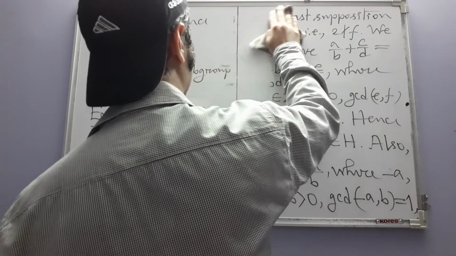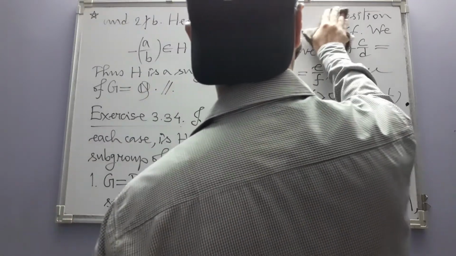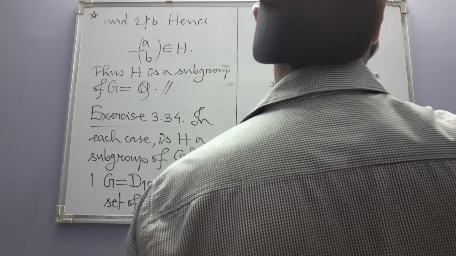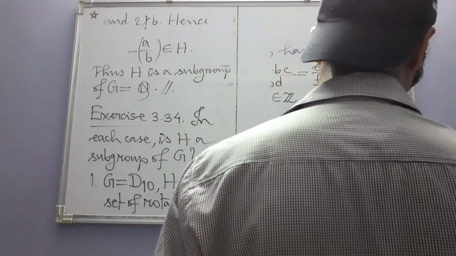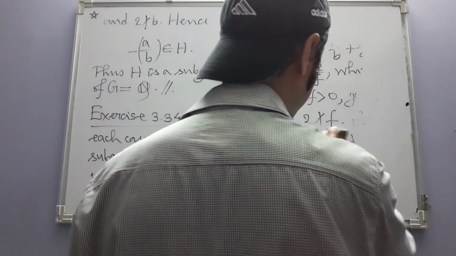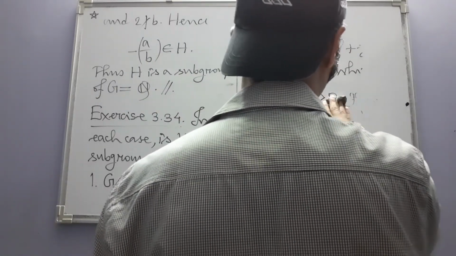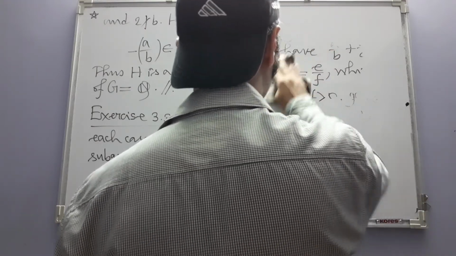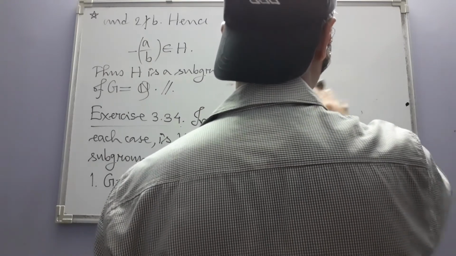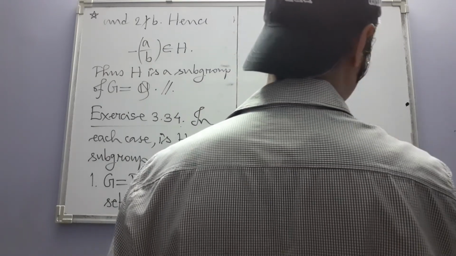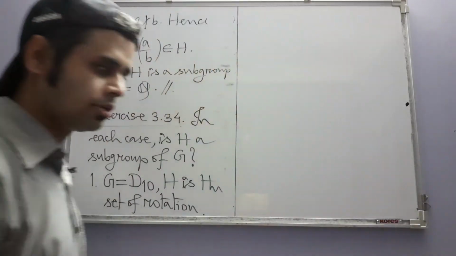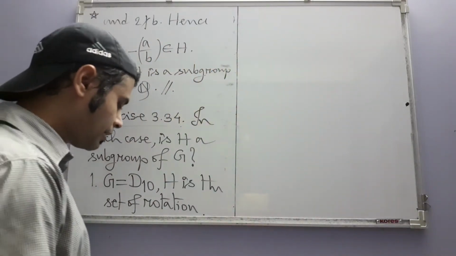You rotate a regular pentagon about its center, or more specifically about an axis that passes through the center of the pentagon and is perpendicular to the plane where the pentagon is lying through some specific angles, and those operations are the symmetries of the pentagon, and those rotations now we are talking about. H is the set of those rotations. So that is the first one.